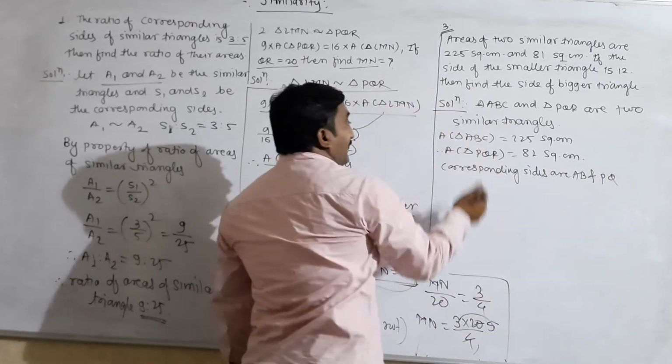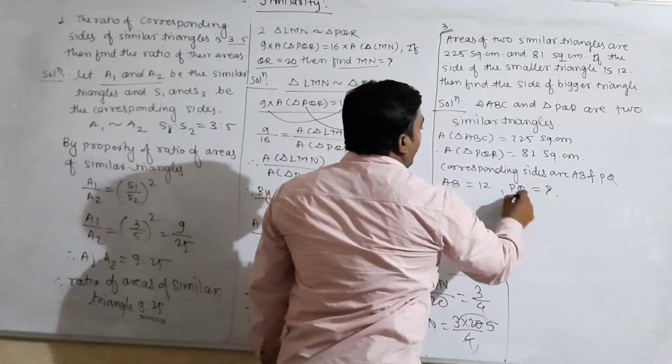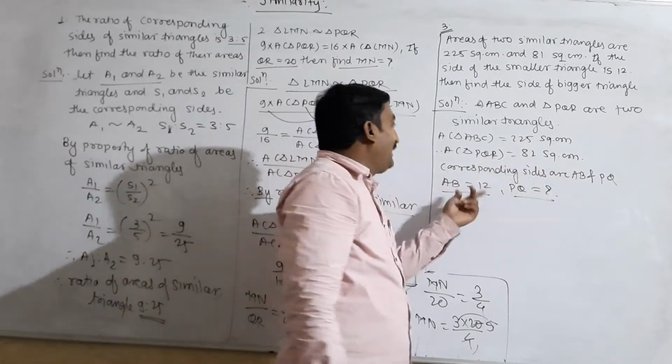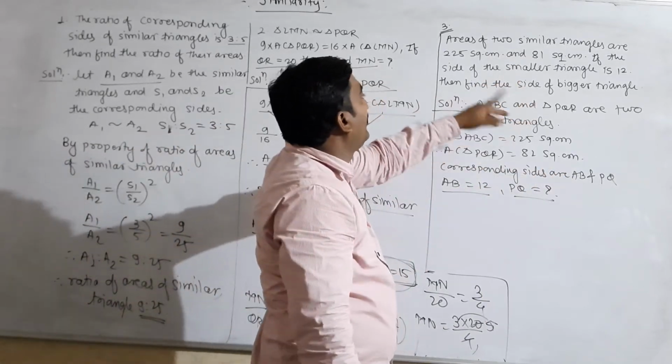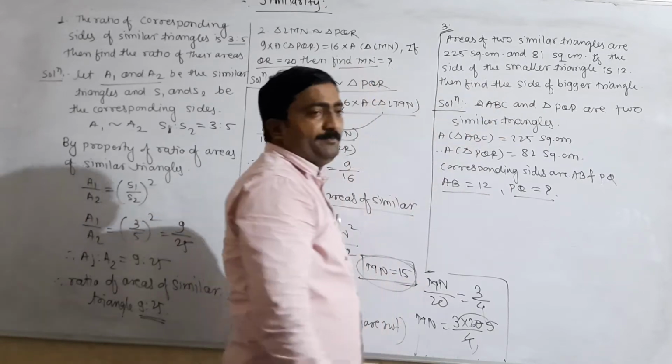We are given AB is equal to 12 and need to calculate PQ. Consider AB as 12, the smaller triangle. If the side of the smaller triangle is 12, then find the side of the bigger triangle.